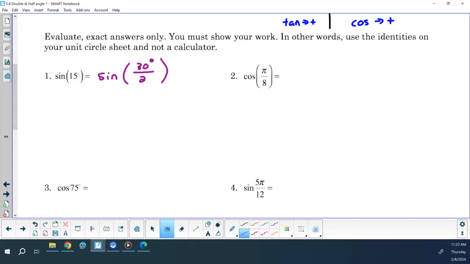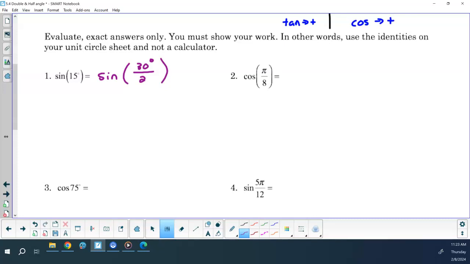Just like yesterday, we're finding an angle that's on the unit circle. And 15 is not. We can find it, but 30 is. Okay? So the sine tells me that I'm going to be using number 24. At u equals 30 degrees, is my sign positive or negative?